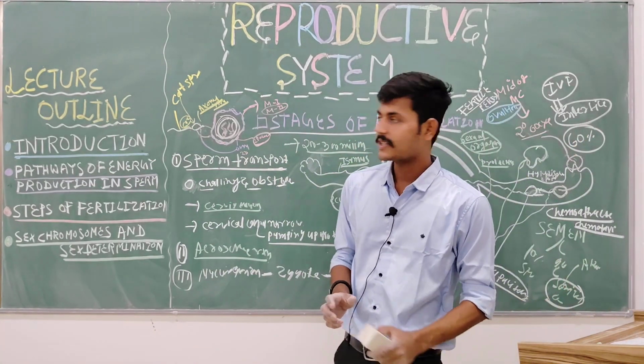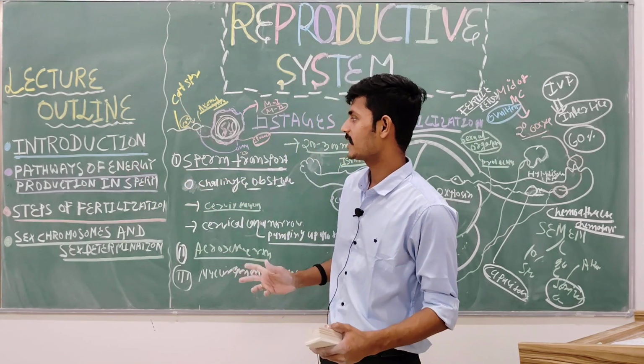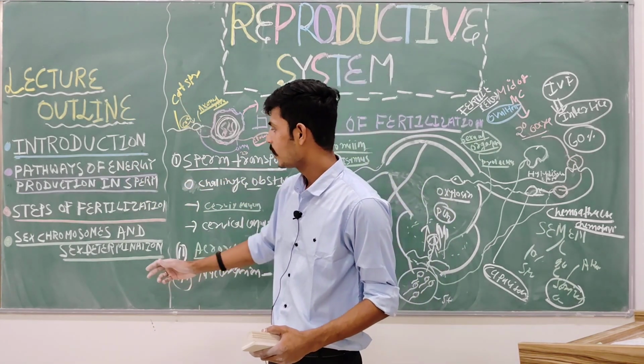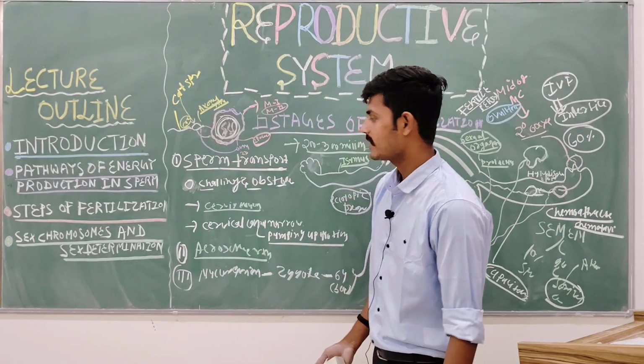So till now what we studied: we dealt with the introduction, pathways of energy production in a sperm, and steps of fertilization. Now we are only left with the sex chromosome and sex determination.